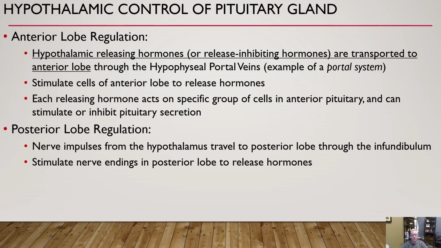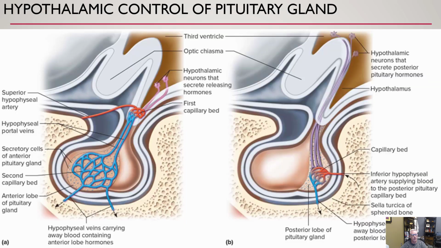Those nerve impulses kind of activate the posterior pituitary to release the hormones. So here's the anterior lobe, and you can see that we have this hypophyseal portal system that is going to release hormones. But here we have the nerve impulses. You can see the little synapses right here.